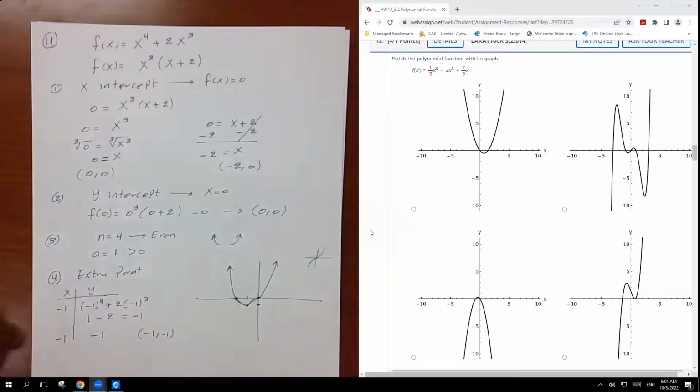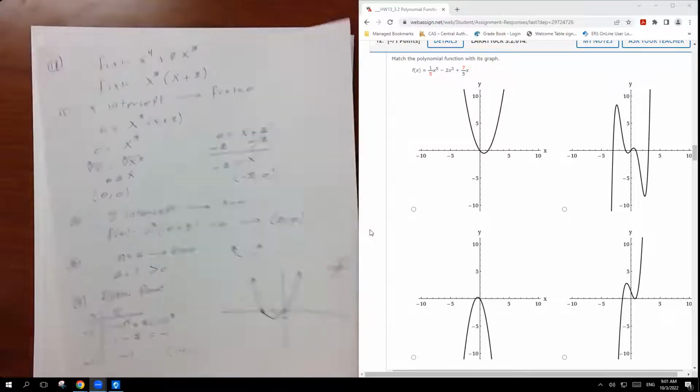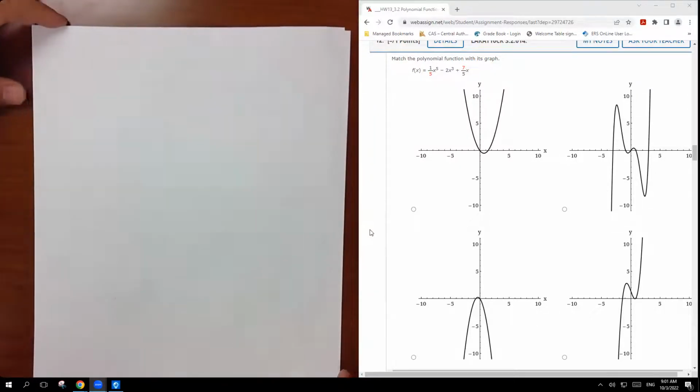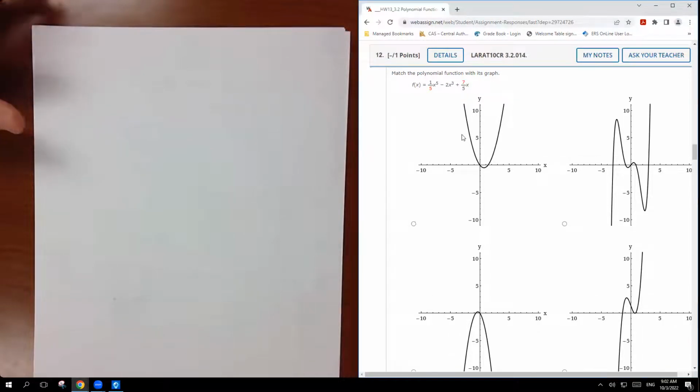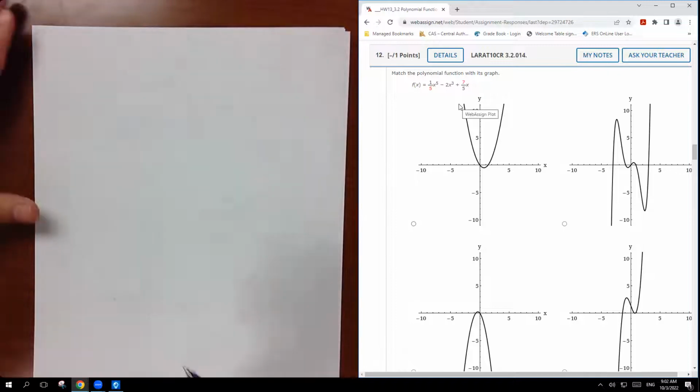So let's go to example 12. We're going to do exactly the same steps to find which one is going to be the right one. Now you see, it's going to be a little bit harder, but we're going to do exactly the same thing.